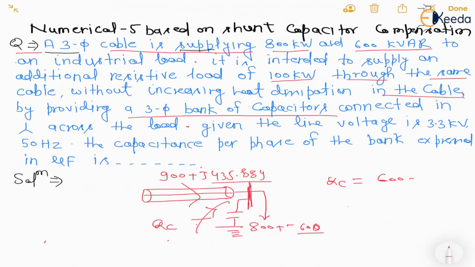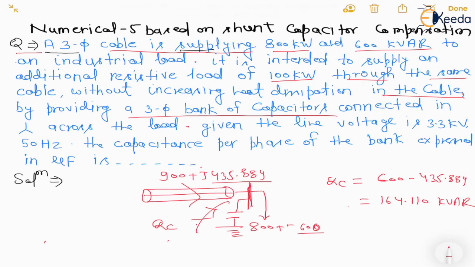So 600 minus 435.889 will be equal to 164.110 kVAr. So this amount of reactive power this capacitor bank will supply.